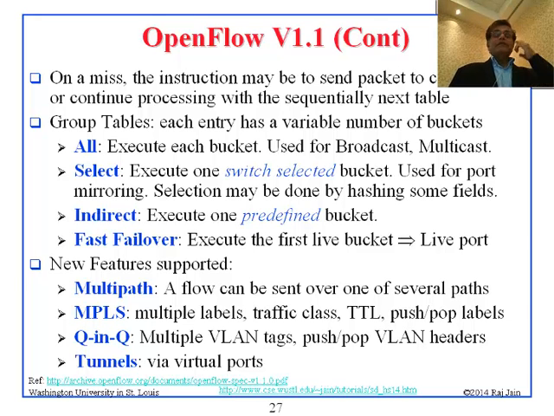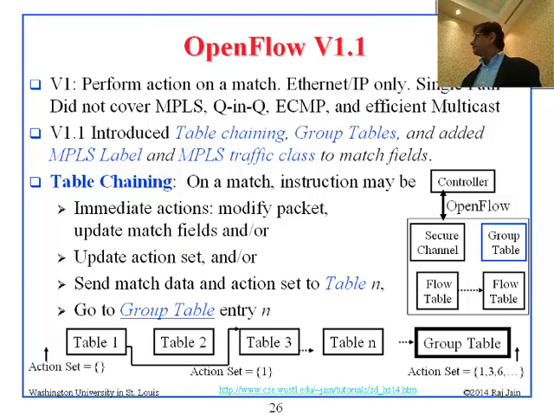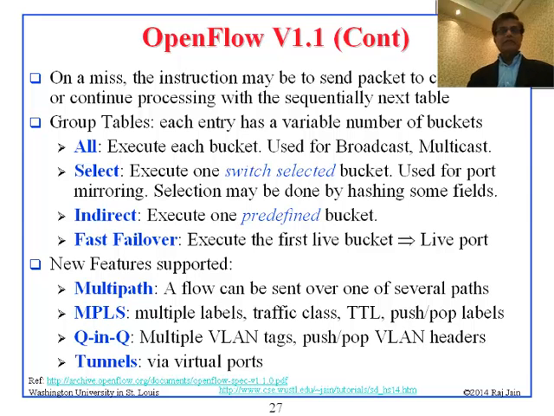And the group table that we talked about, the last one, this is a special table because it has more than one action. It has a group of actions. And you may be asked to do all the actions, such as forward to port 1, port 3, port 5, port 7, all of them. Or you could be asked to select one of them, send 1, 3, 5, or whatever.